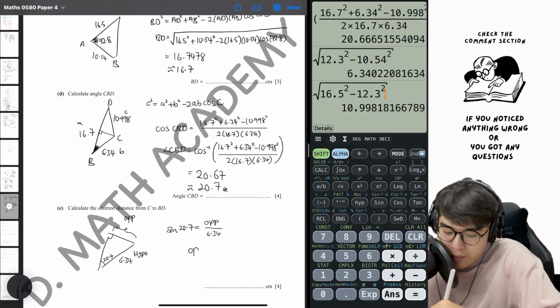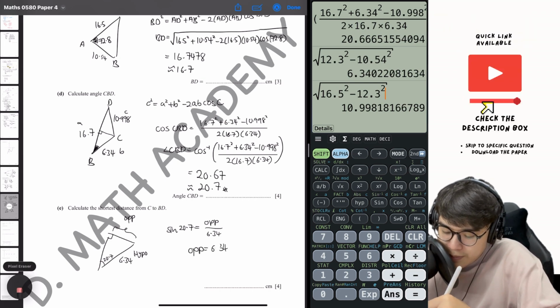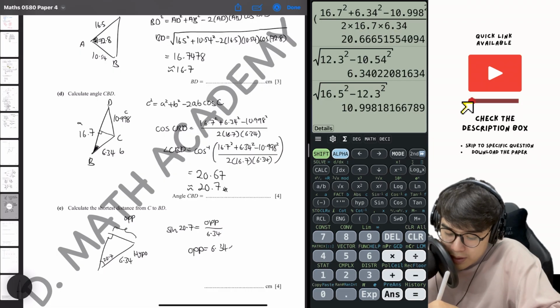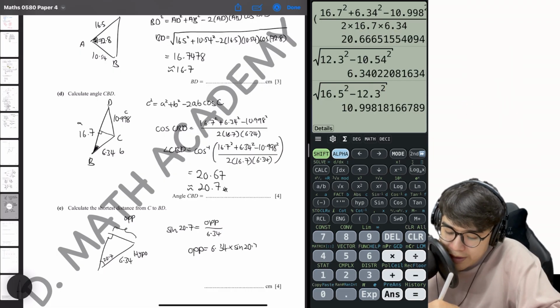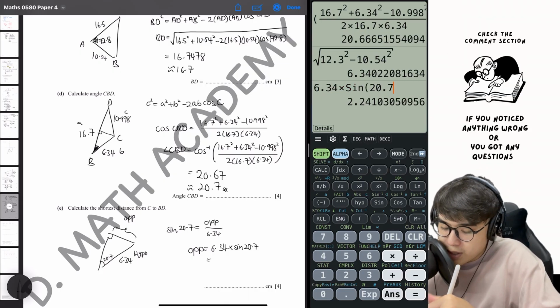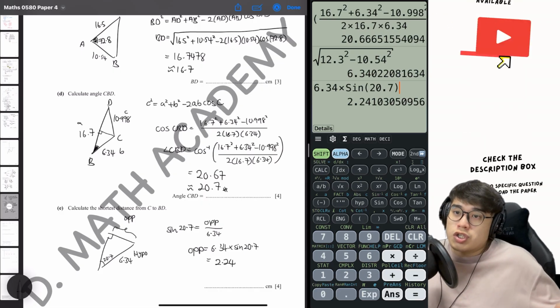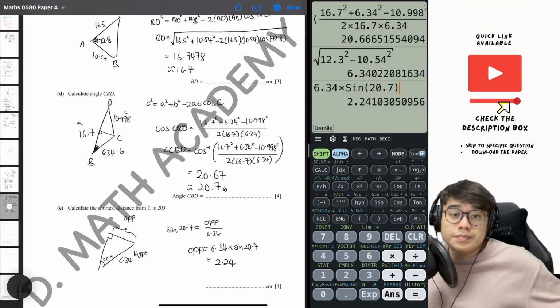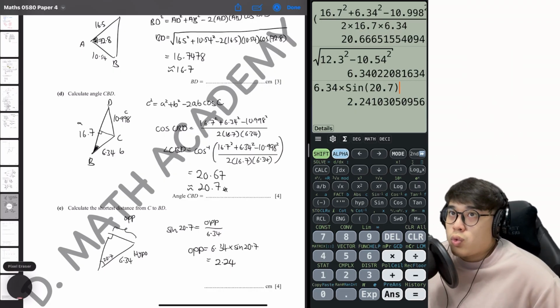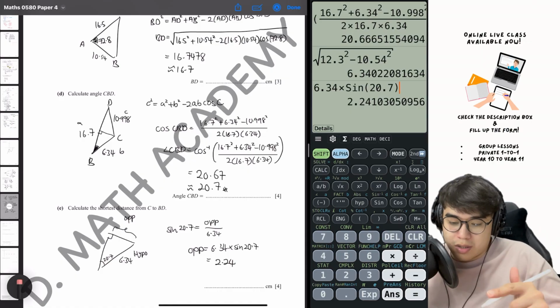So OPP will be 6.34 times sine 20.7. So my final answer is 2.24 for this shortest distance here. Okay, so that's pretty much it for this particular question.